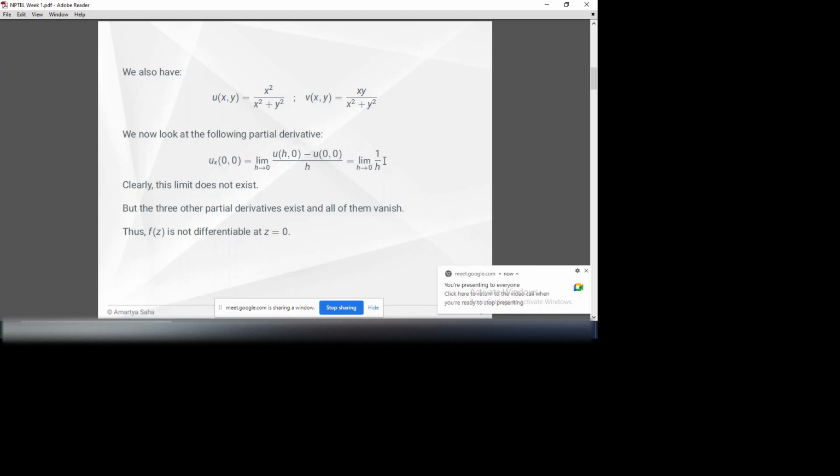Even though the students, the audience, can check themselves that all the three other partial derivatives exist, they are well behaved at 0, 0, and moreover all of them vanish. But that will not matter here, because we have seen that the first one is undefined itself.